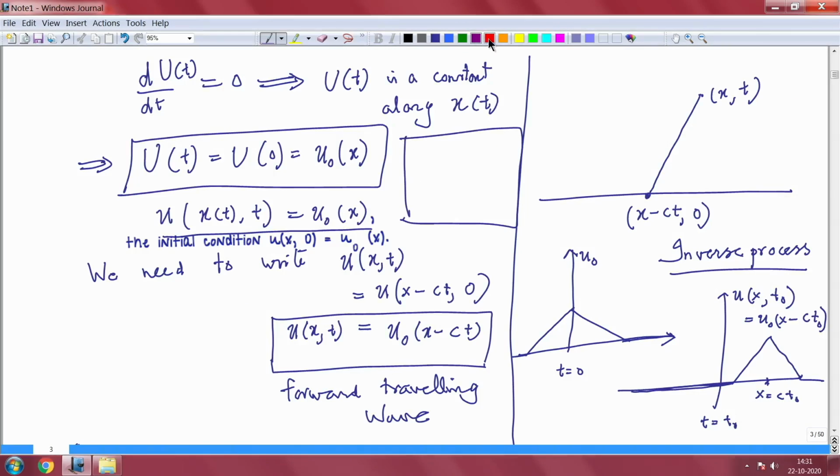This is my initial value. So, I am solving the problem u t plus c u x equal to 0, and then u at x, 0 is equal to u naught of x. So, the initial value problem is given.